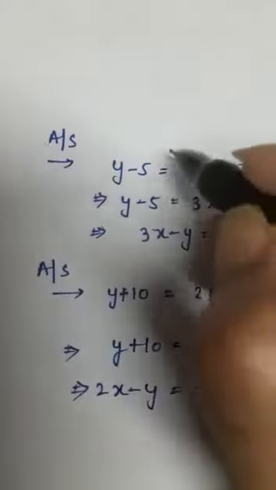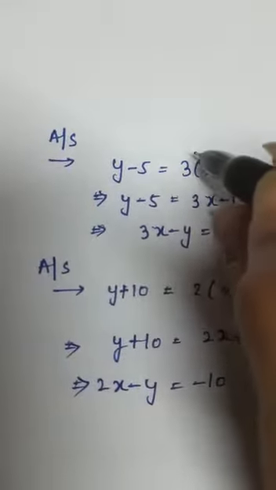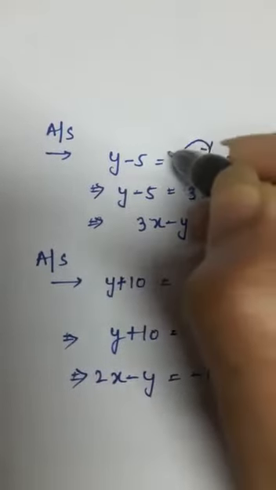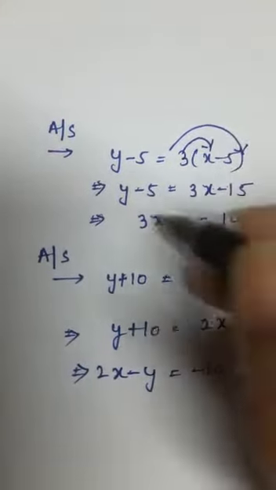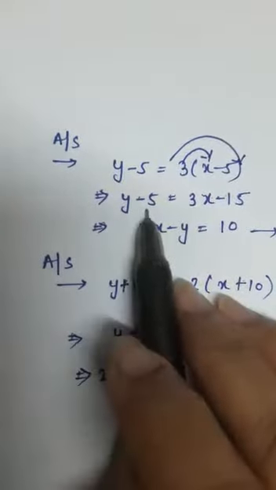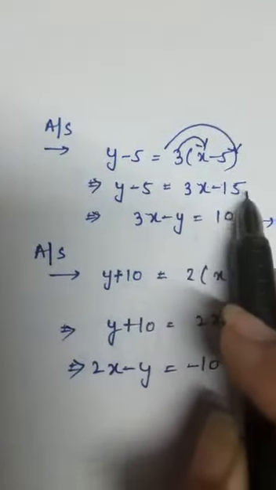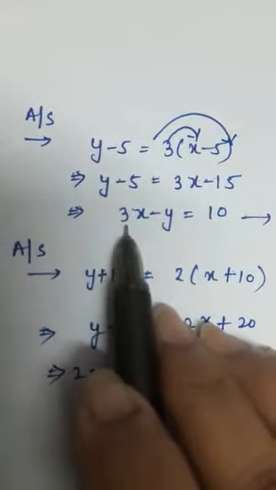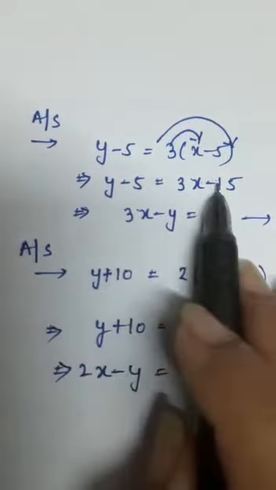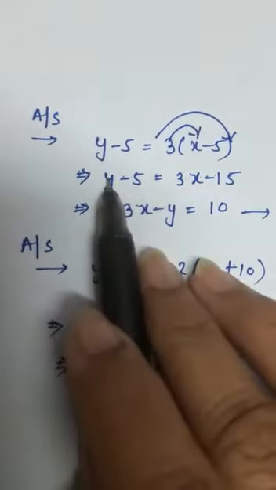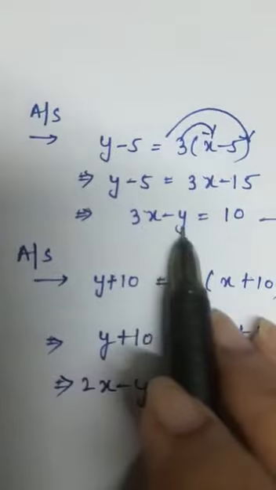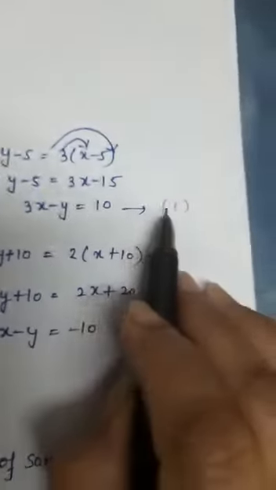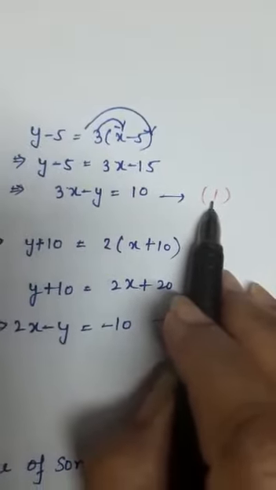Now you can multiply it and solve it. Y minus 5 will be equal to 3x minus 15. Y can be shifted to the right hand side and 15 can be shifted to the left hand side. So what will you get? 3x minus y will be equal to 10. My first equation is ready.